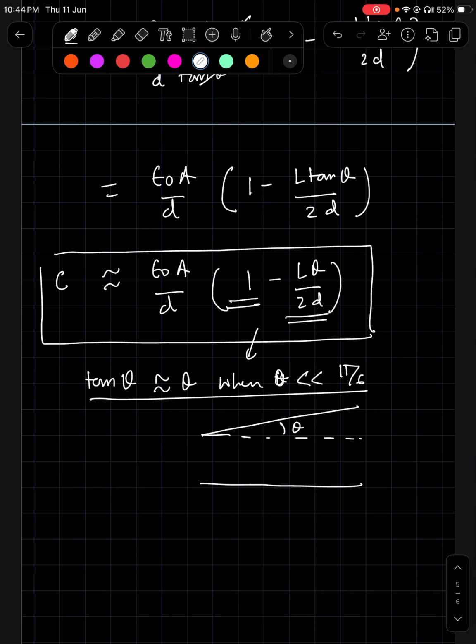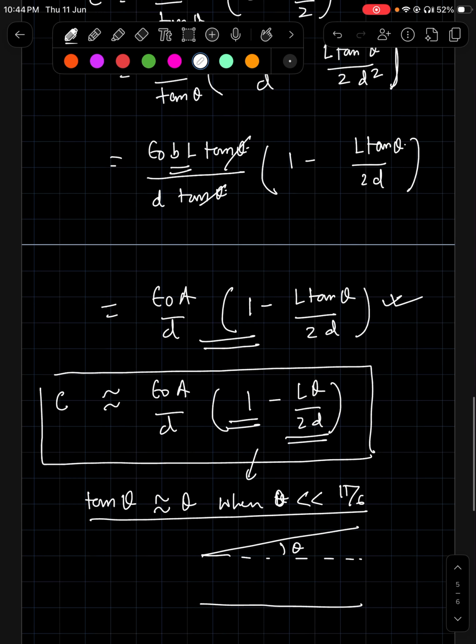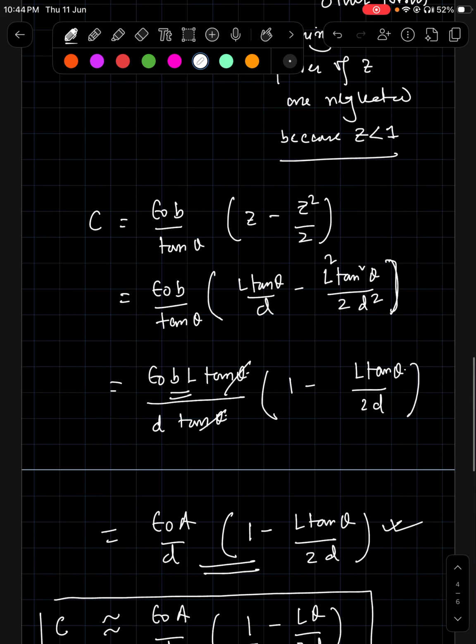Without this approximation, I have to stop here, and it does not hamper the physics, because again when theta is zero, tan theta is zero, and it gives the formula of the parallel plate capacitor, which comes from the first term. So we have now checked all the steps properly, and that is all. Thank you.